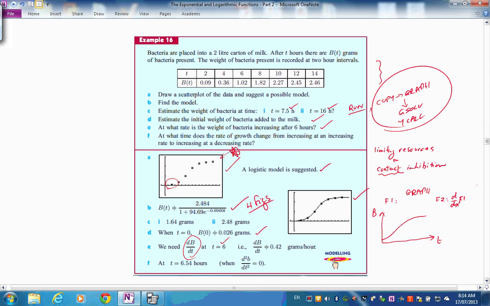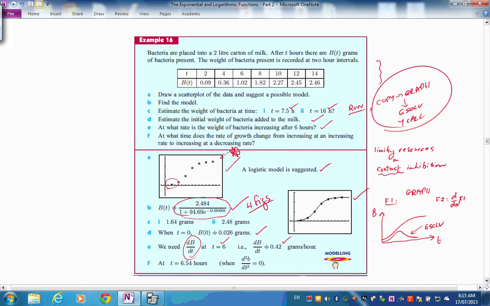So you could actually enter the derivative and draw it. So it goes like this, the derivative of that logistic function, and find the value at T equals 6. So we could just draw that and gsolve for that, because you probably don't want to actually find the derivative of this thing. Okay, so at T equals 6 we would have dB by dT as that.